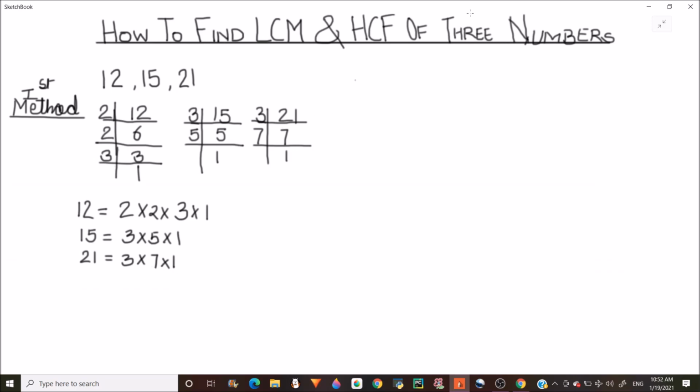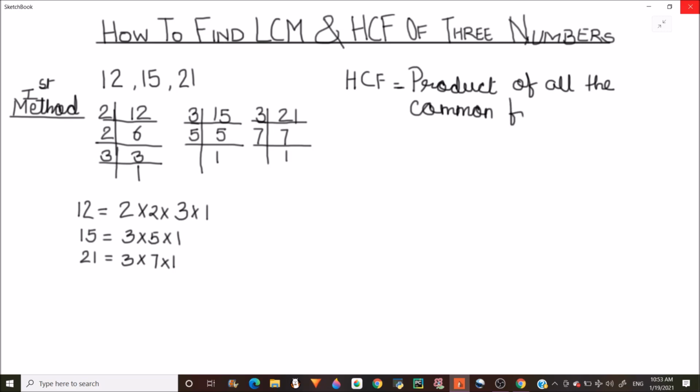Now here first we'll find the HCF. HCF is nothing but the product of all the common factors. So here we see that in all the factors, 3 and 1 are the common factors.